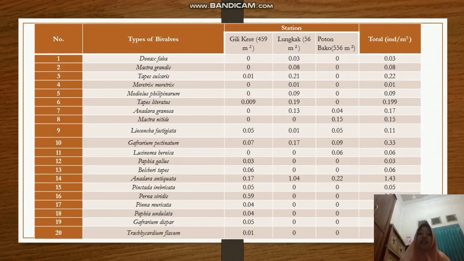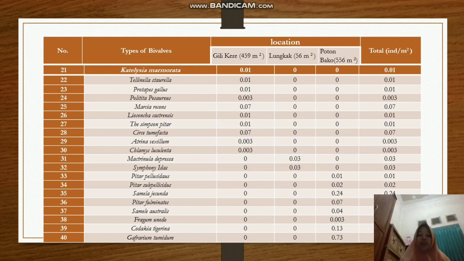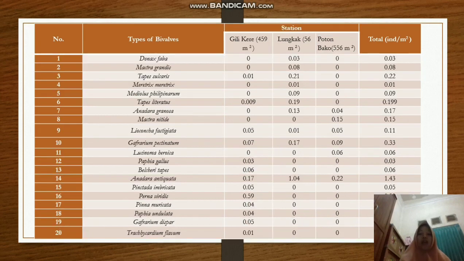This is the abundance of bivalves, and the highest abundance in this location is Anadara antiquata.